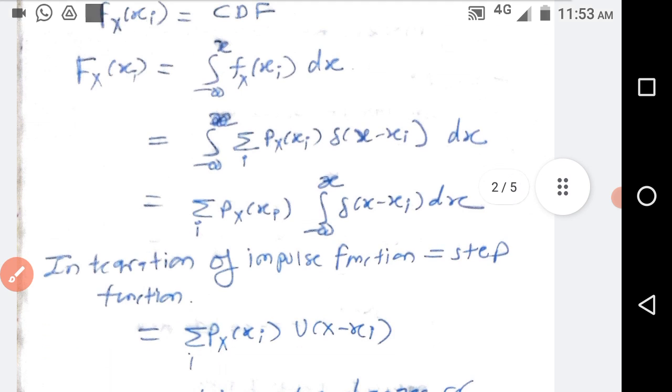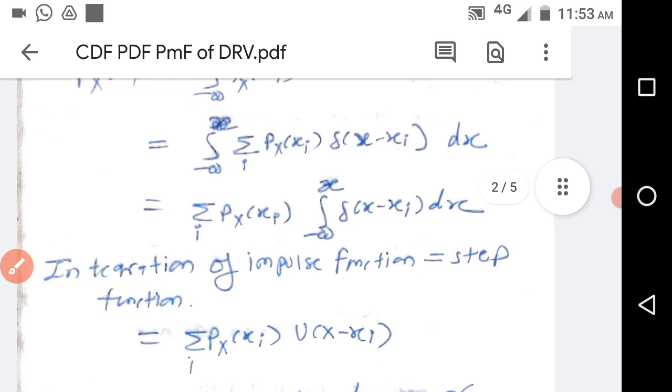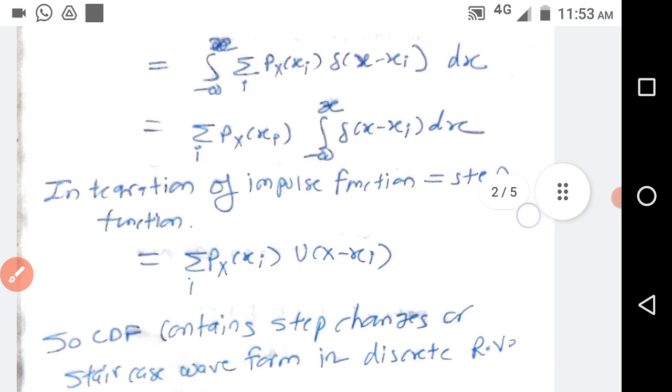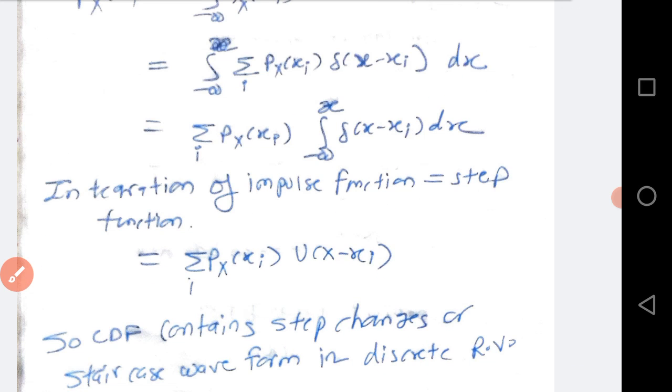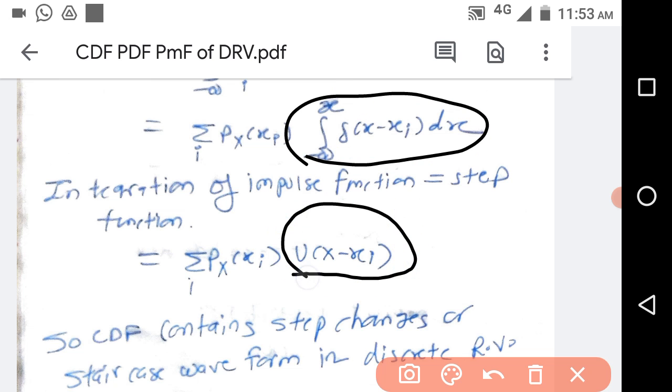So integration and summation are interchangeable. So let us take the summation and P_X(xi) outside, and integration from minus infinity to x of delta(x minus xi) dx. The integration of the impulse function is nothing but the unit step function. So we can write it as u(x minus xi).